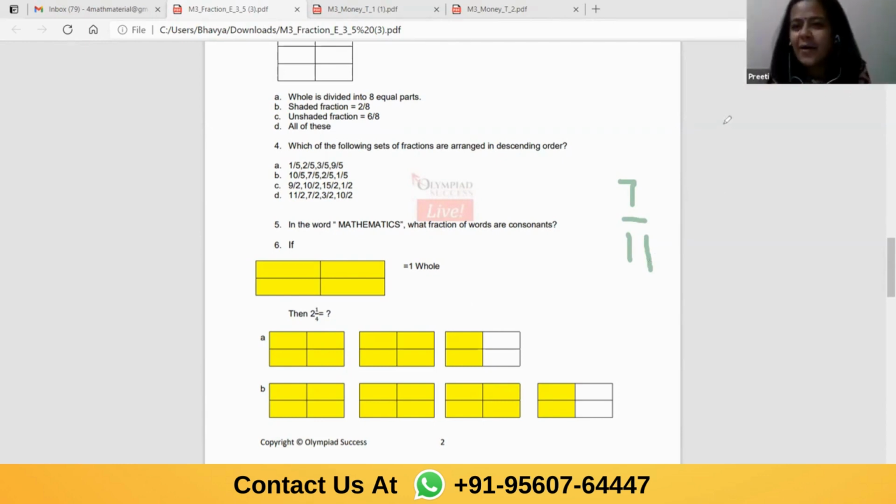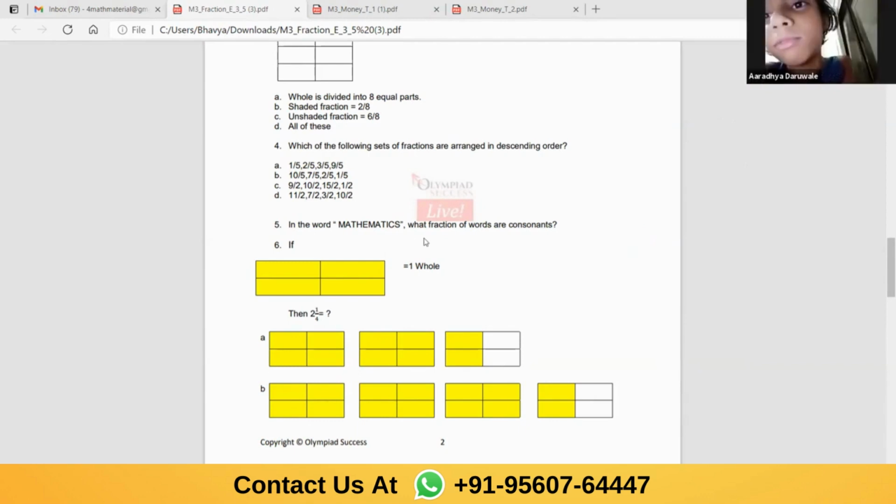Okay. Aradhya, what is your doubt, bacha? Is it in this exercise? Yes, ma'am. Fourth question. Which of the following sets of fractions are arranged in descending order? First thing is their denominator should be same. If the denominator is same, all the fractions are like, you just have to check in which of the options the numerators are in descending order.